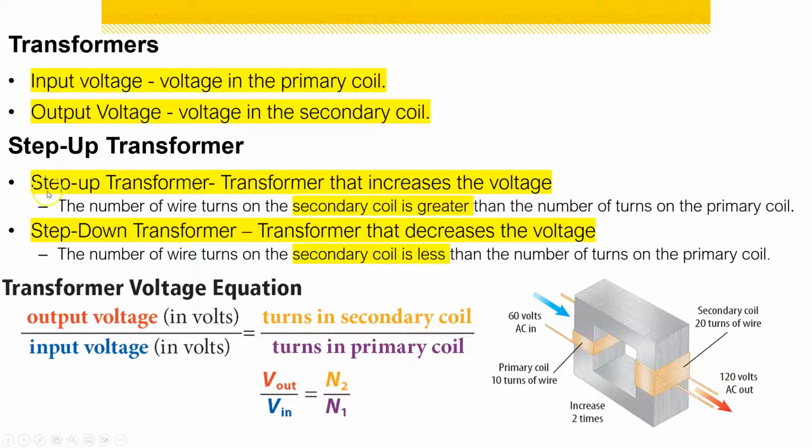Okay, so step-up transformers are transformers that increase the voltage. So the number of wire turns in the secondary coil must be greater than that of the primary coil. And of course, step-down transformers, and this is what you see outside on your pole, are transformers that decrease the voltage. In other words, it takes it from the 17,000 volts on the wire down to 120, 240, 480 volts.